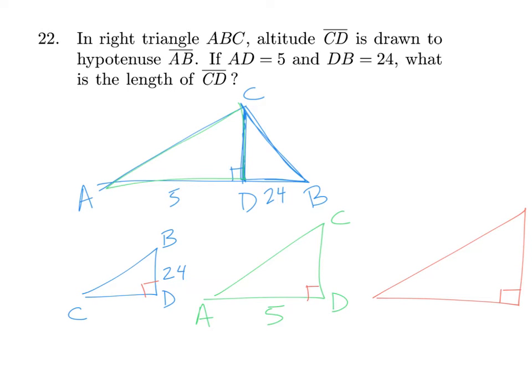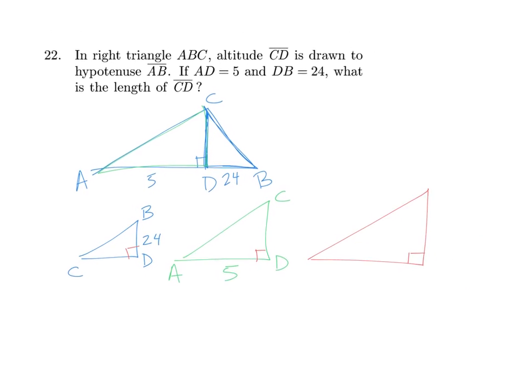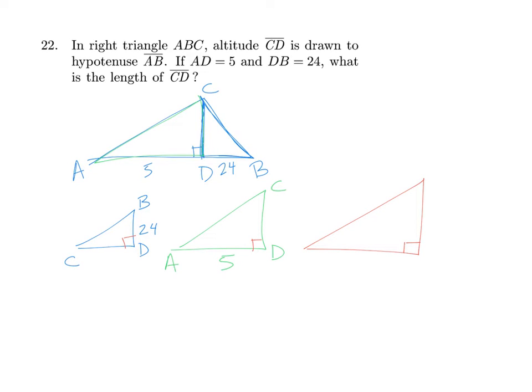So this is my right angle. This is C, that's B, and that's A. CB, I don't know. CA, I don't know. I know this is 29 though.